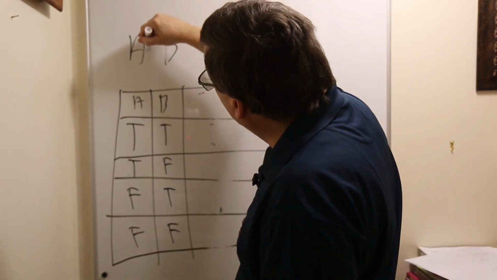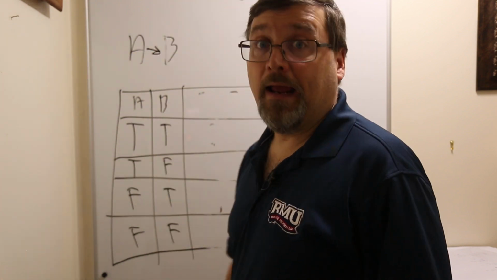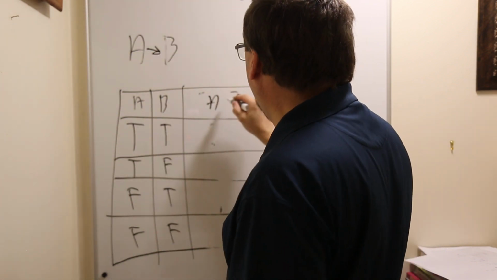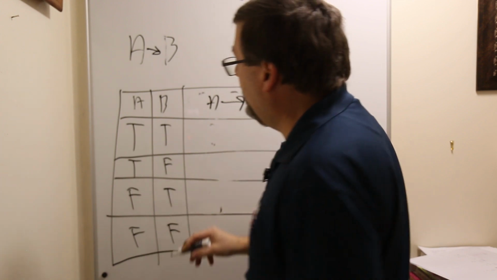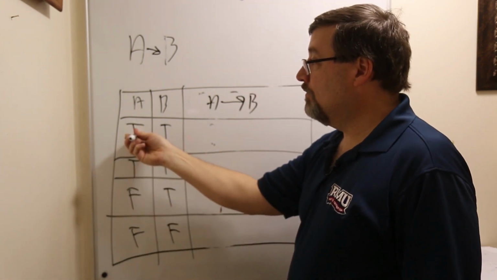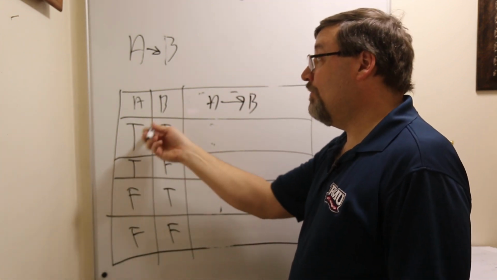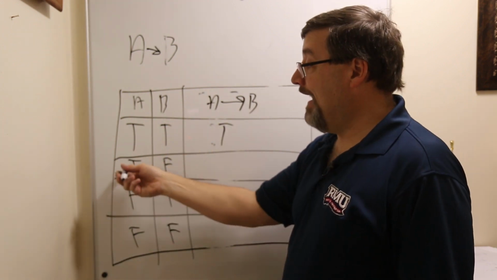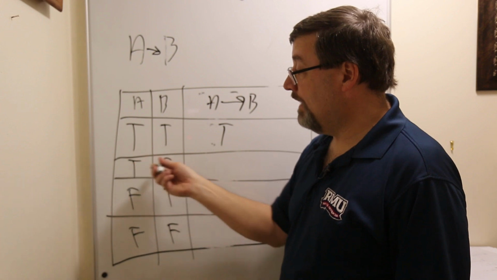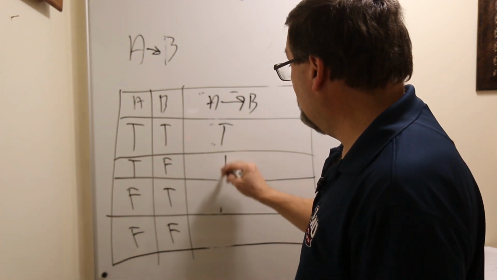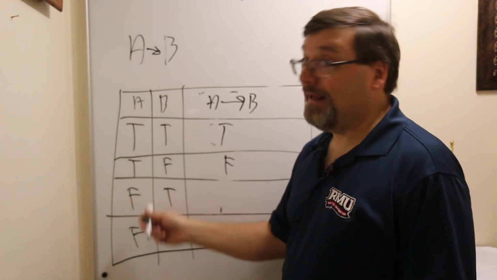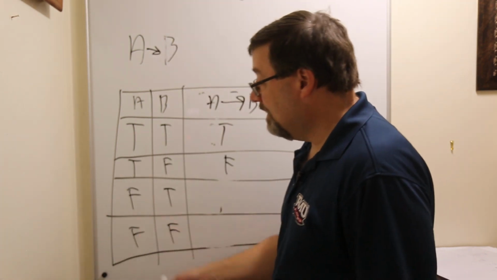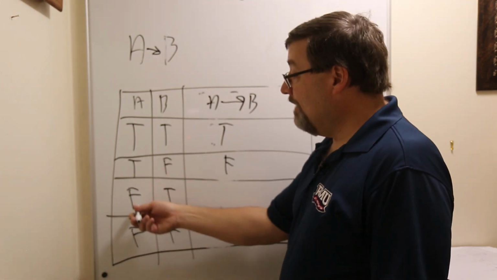So if we do if A then B, or A implies B. If A is true, then B is true, and they're both true, that's true. If A then B, and if A is true and B is false, then the entire statement is false. Now here's the hard part. This is the one you're going to have to just memorize out of all of them. It doesn't make sense. Well, to most people it doesn't.